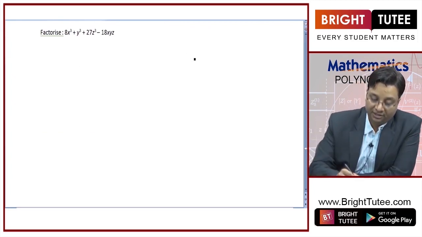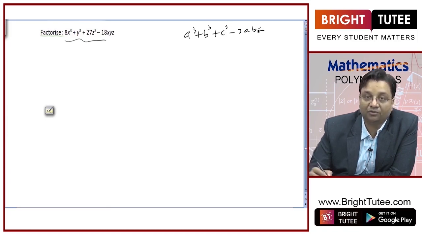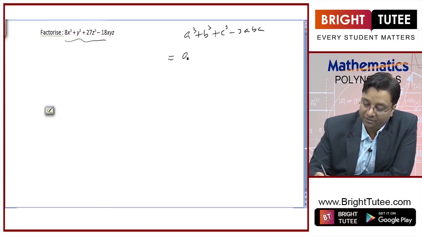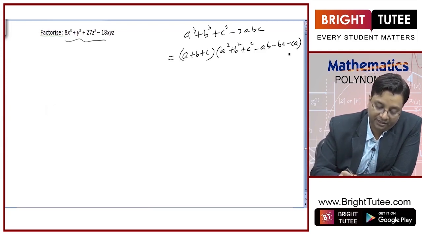Okay, now this is of the form a cube plus b cube plus c cube minus 3abc. What was the identity? It was equal to a plus b plus c, a square plus b square plus c square minus ab minus bc minus ca. This was the identity, right?